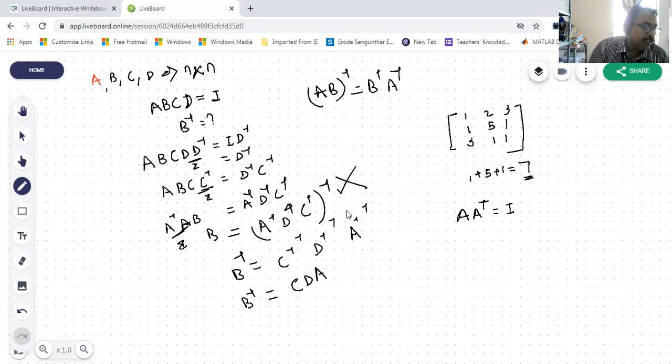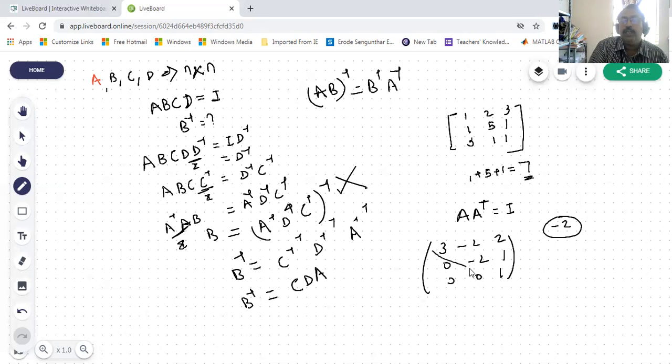For the matrix with rows 3 minus 2 2, 0 minus 2 1, 0 0 1, one of the eigenvalues is minus 2. This is a beautiful question that we have discussed already. For a lower triangular or upper triangular matrix, the eigenvalues are the diagonal values.